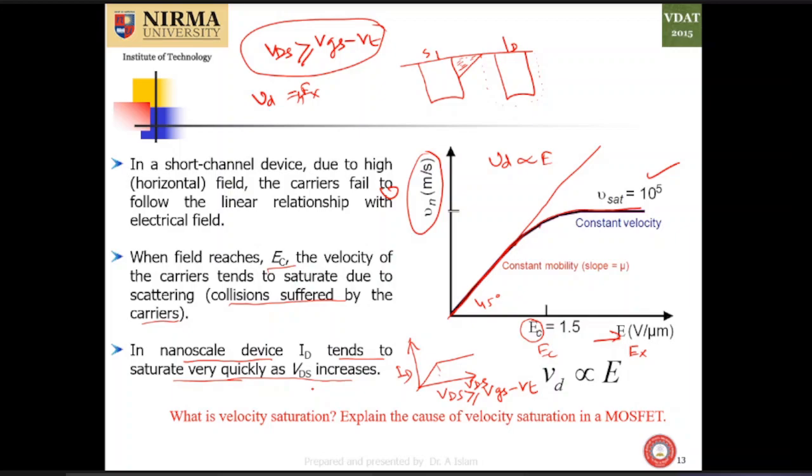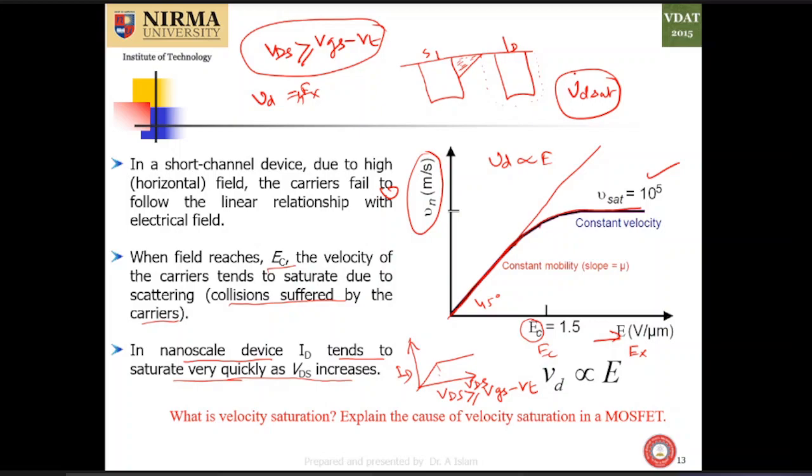Vd sat is the saturation drift velocity of the carrier. It is not VDS sat or something like that; it is not drain to source voltage saturation.